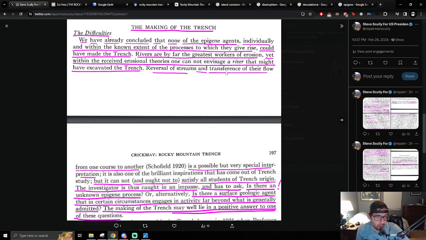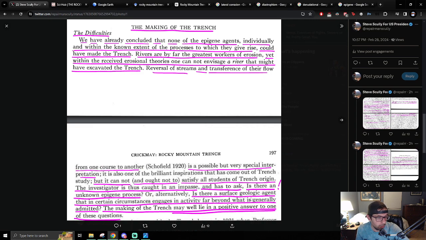Reversal of streams and transference of their flow from one course to another is a possible but very special interpretation, but it cannot and ought not satisfy all students of trench origin. This investigator is thus caught in an impasse and has to ask, is there an unknown epigene process, like the flood?